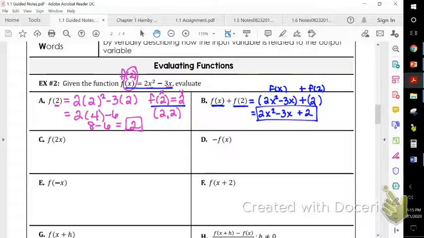So look at C. C looks a lot like A, except instead of just a 2, it's got a 2x. So we're going to do the same thing. Everywhere that there's an x, we're going to plug in a 2x. So we're going to work this out using PEMDAS. Be careful though, because a square is there. Square means what? That it's multiplied by itself. So I'm just writing it out.